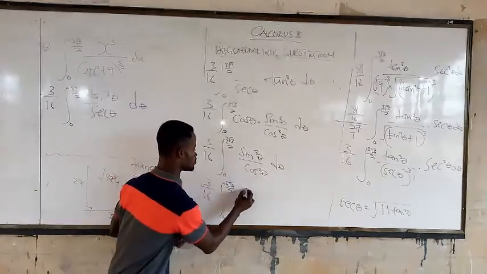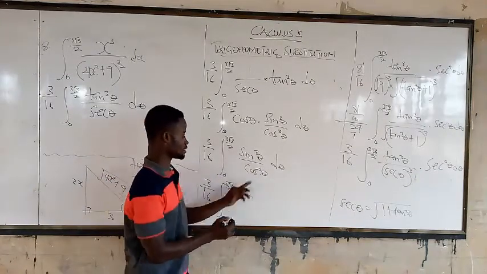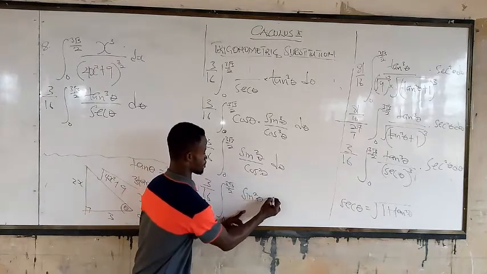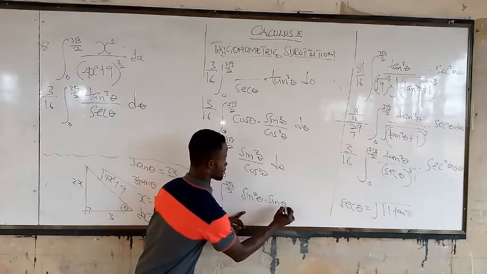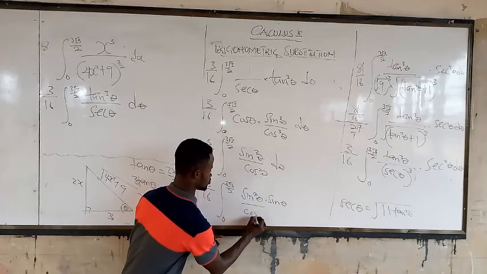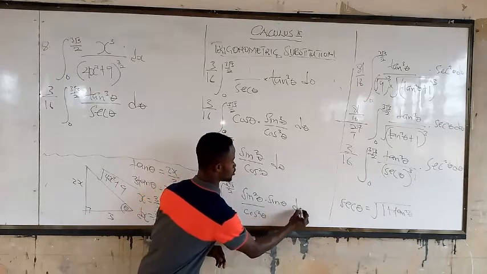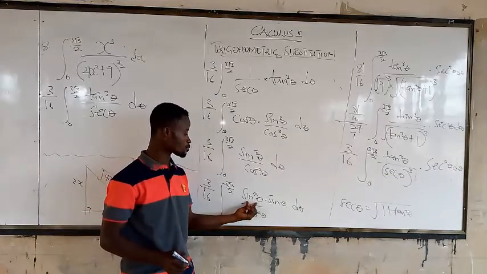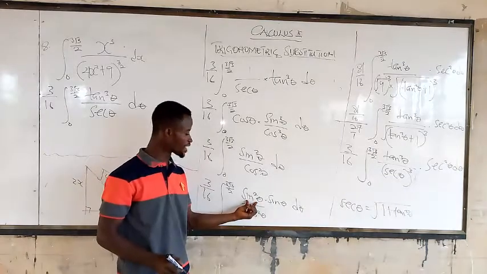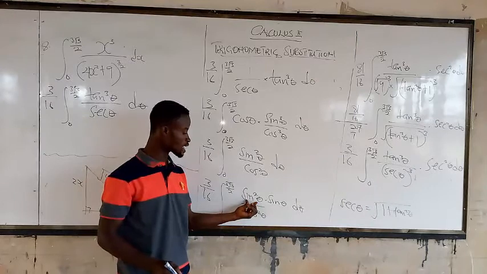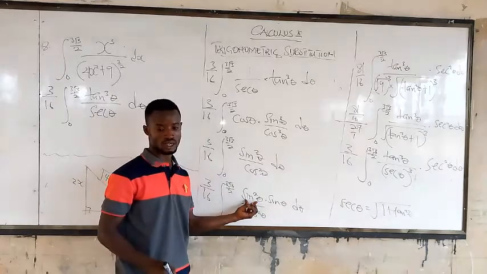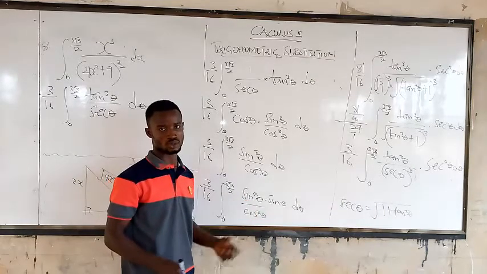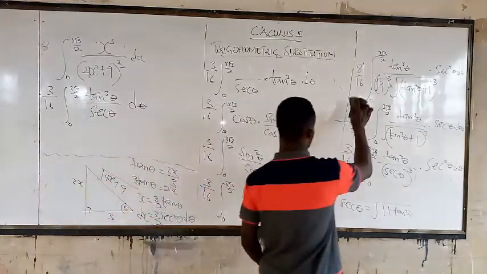We can rewrite this as... do you know the reason why we are doing that? So that we can do a substitution of a trig identity here, because sine squared here is the same as what? 1 minus cos squared theta.